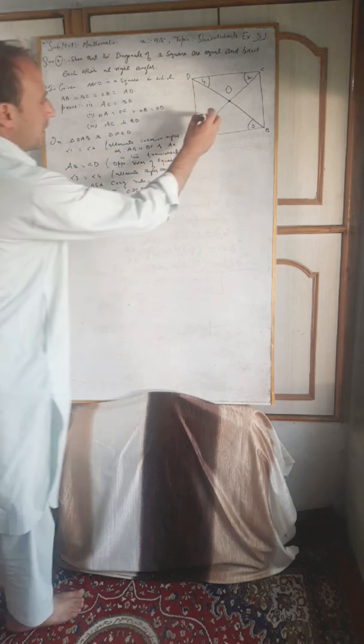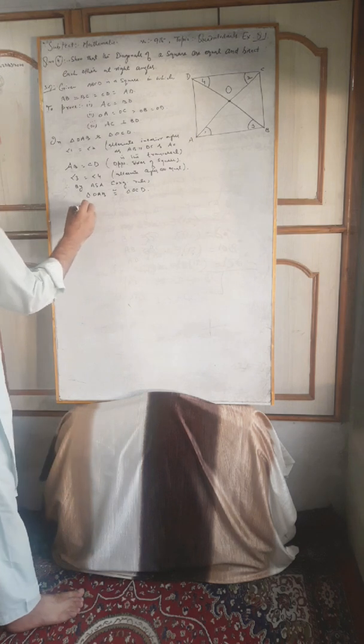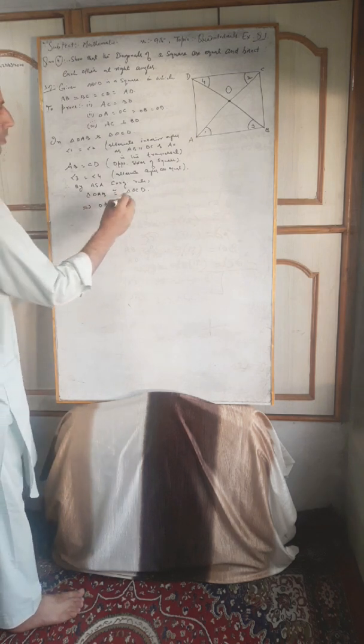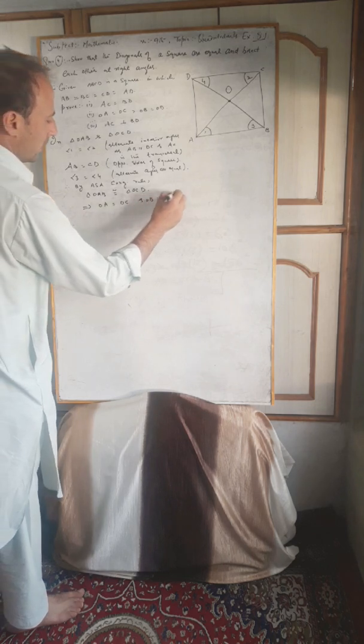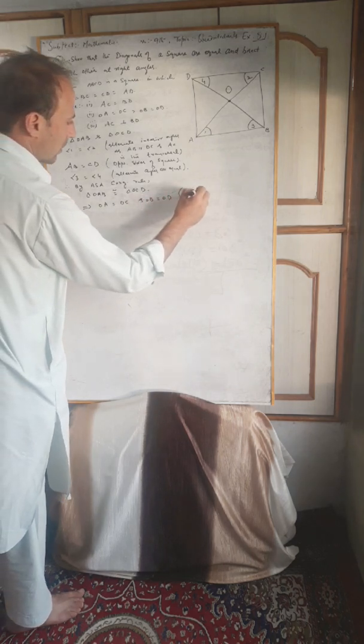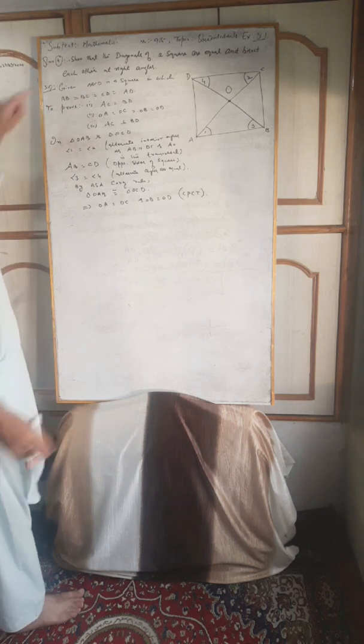When the two triangles are congruent to each other, it implies that the corresponding sides are equal as well as the corresponding angles are equal. What we require here is OA, which implies OA is equal to OC and OB is equal to OD. Why? Corresponding parts of congruent triangles. That is our second part.